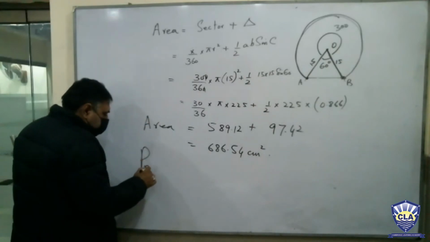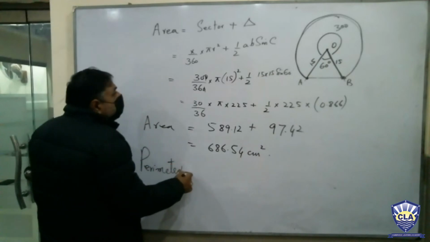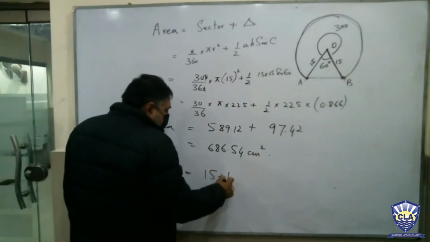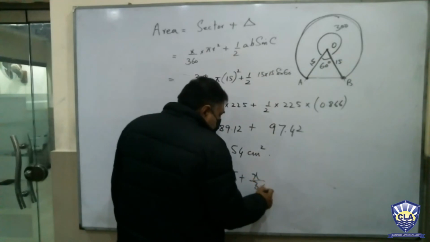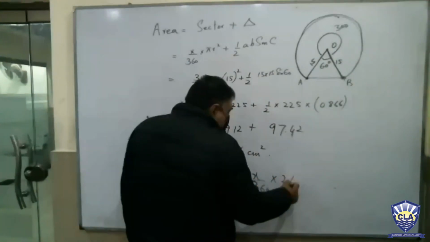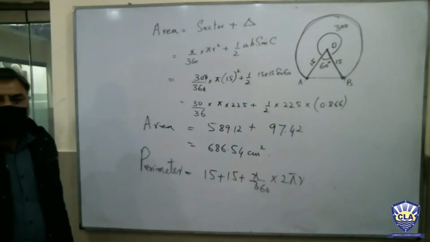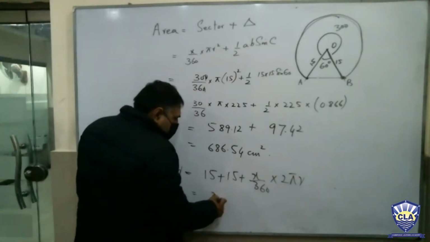Perimeter of major segment is 15 plus 15 plus x over 360 into 2 pi r, the length of arc. So 30 plus.